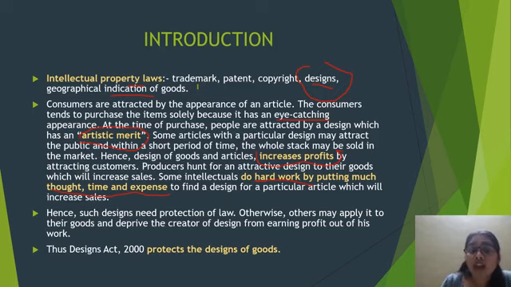Hence such designs need protection of law, so that no one else can steal it or apply it on their product to steal the profit out of the original owner's work. That is why the Designs Act 2000 is enacted, that is, to protect the designs of goods.